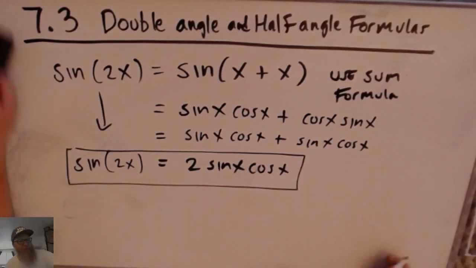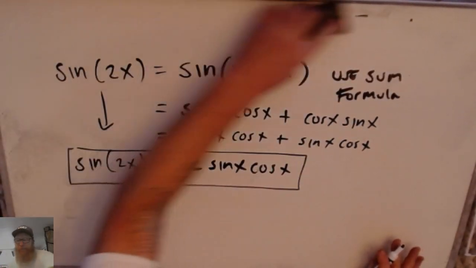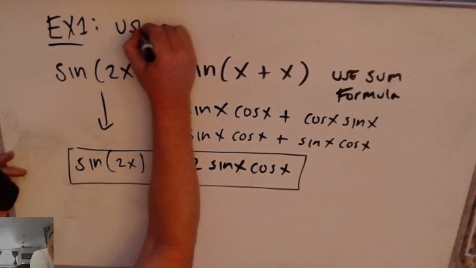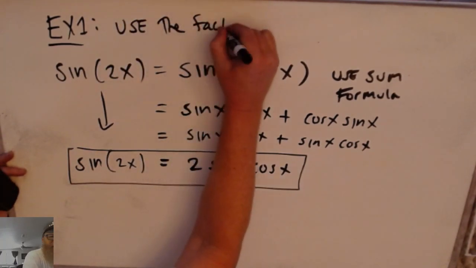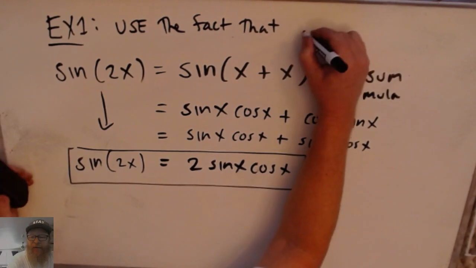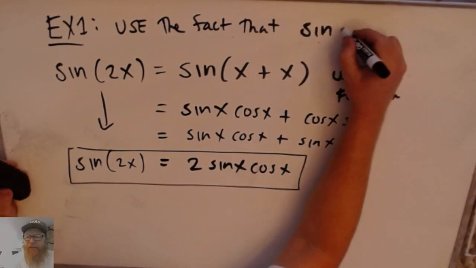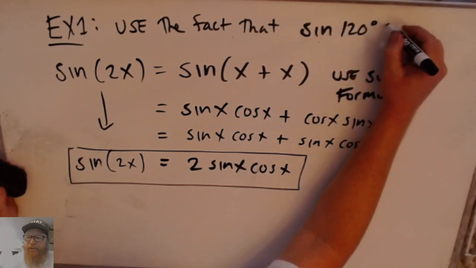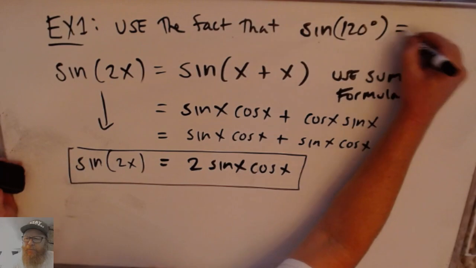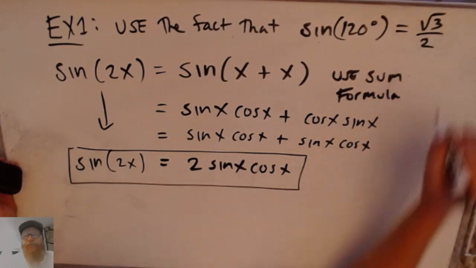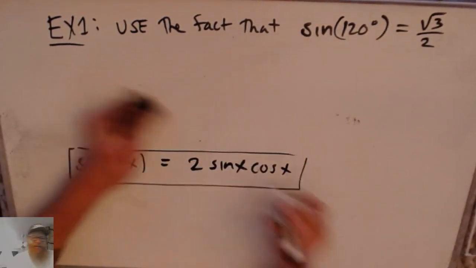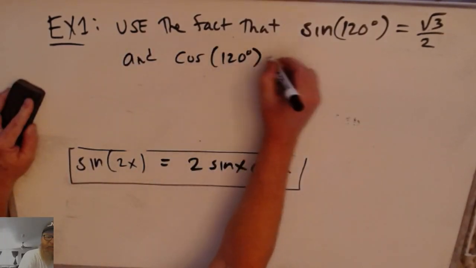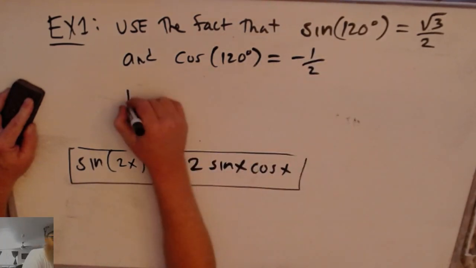Yeah, I better put it up here. I won't have enough room for it. Use the fact that sine of 120 degrees is radical 3 over 2, and cosine of 120 degrees is negative 1/2.